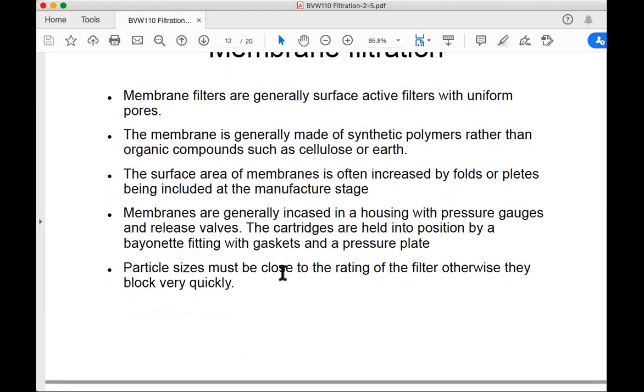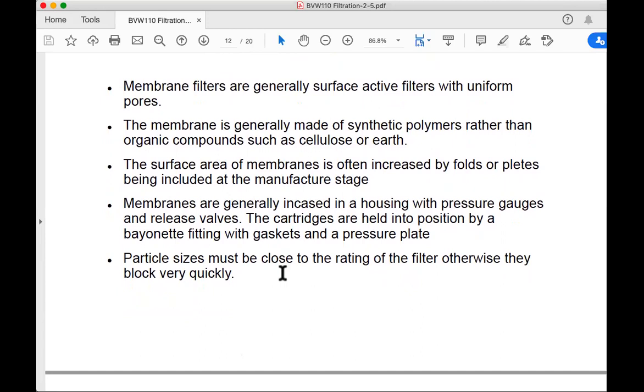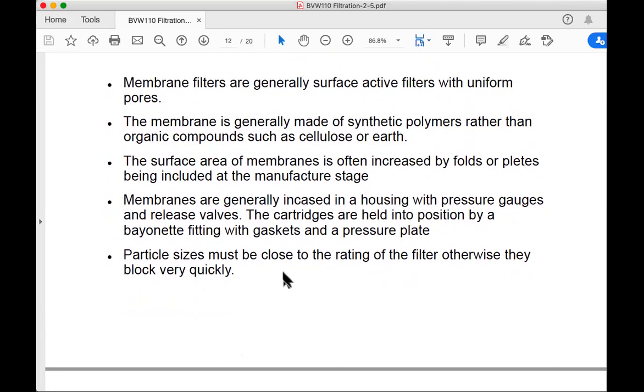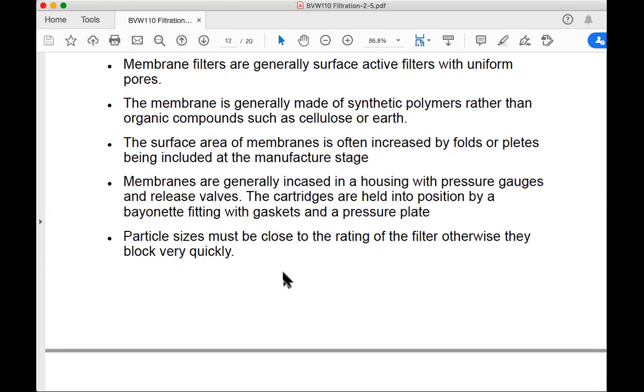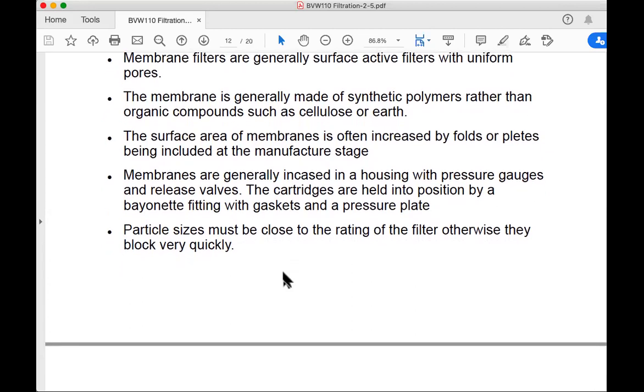Further to that, the materials that are used are able to have a particular chemical charge that facilitates filtration as well, and the housing that these membranes are encased in, as with the others, can have pressure gauges that can give us, I guess, a more predictable lead into the end point of the filtration. So that is when the filters begin to block.